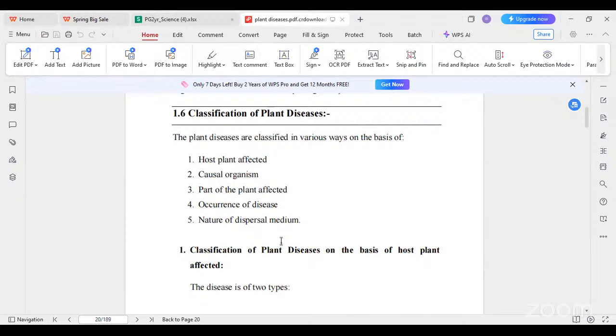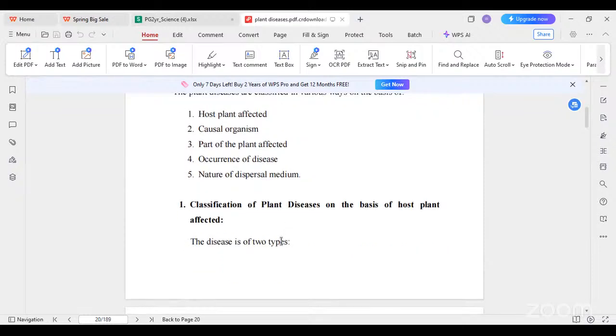Then the occurrence of disease. Fifth one is the nature of dispersal medium. These are the main classifications.